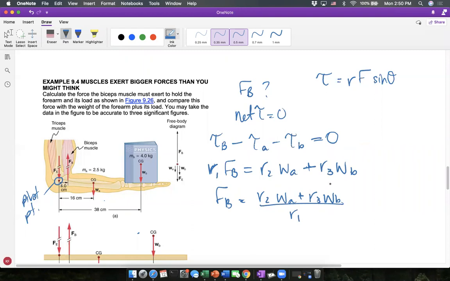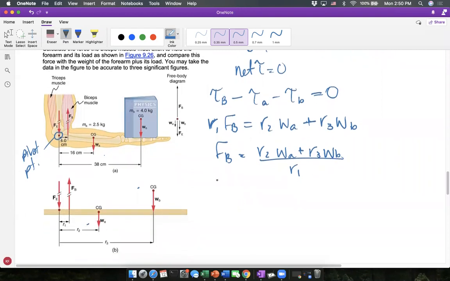And remember, weight equals mass times gravity. So we can put that in: R2 mass A times gravity plus R3 mass B times gravity, divided by R1. Then we can plug everything in.